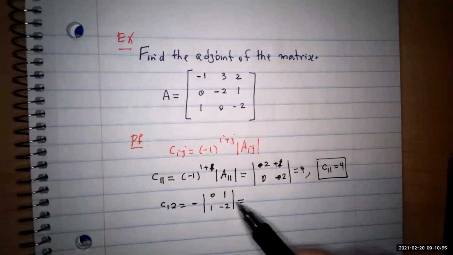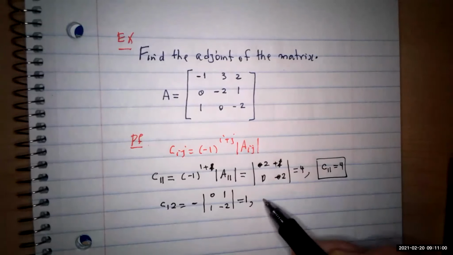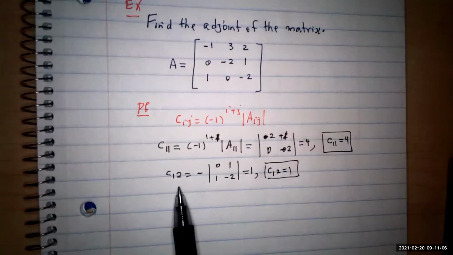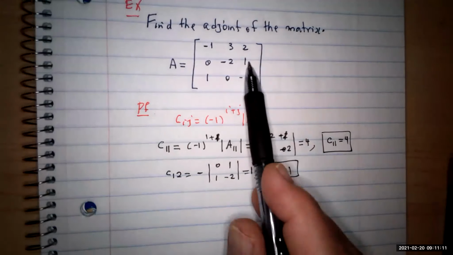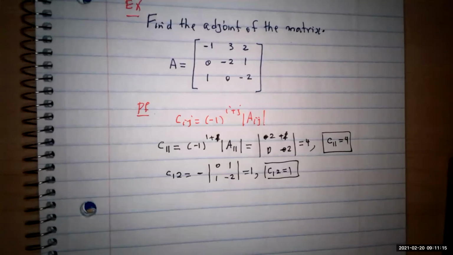The determinant, cross multiply, is 0, there's a negative 1, there is 1 here, so that gives you 1. So C12 is equal to 1.